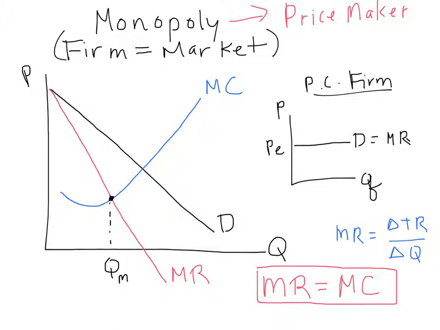Now, so we've chosen our output. We have an extra step here that we didn't have in competition, and that extra step is, how much will the monopolist charge in terms of a price for this output? Well, you would think that they would just charge this same amount. It would just come right over here. But they don't have to do that. They can charge as much as the market will bear.